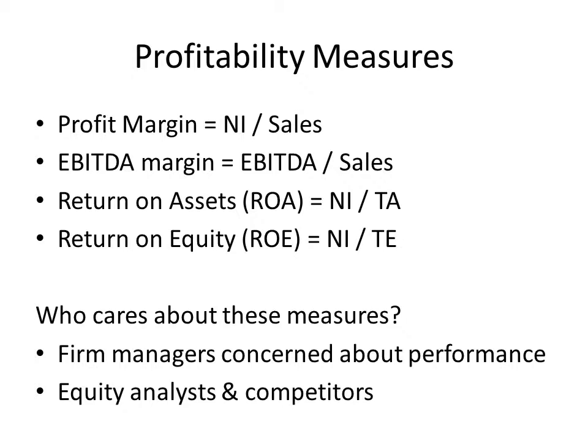Well, they're non-cash expenses. And so that's actually kind of a measure of operating profit. We can divide that by sales. Now, that should be higher than profit margin because profit margin has interest subtracted out, it has taxes subtracted out, depreciation and amortization also subtracted out.